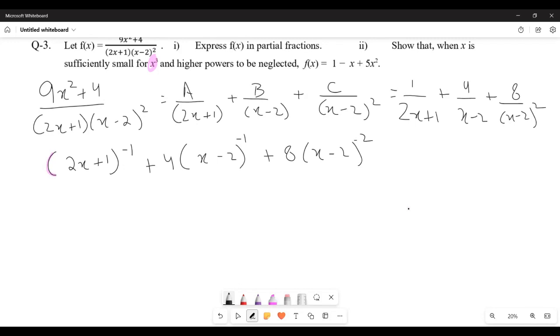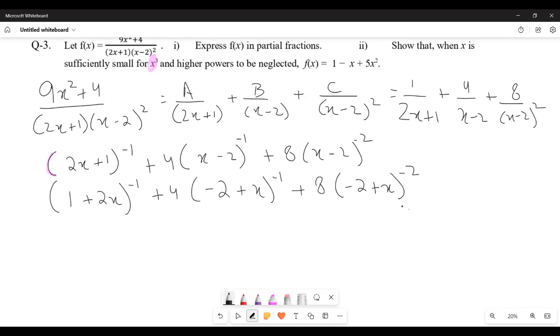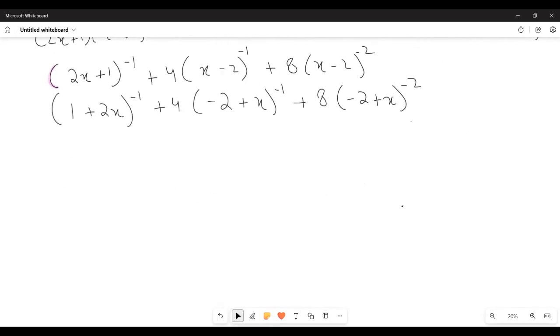Okay, so what I'll do is bring the constants forward first. 1 plus 2x power minus 1 plus 4 times minus 2 plus x power minus 1, plus 8 times minus 2 plus x power minus 2. Okay, so let's start with expanding 1 plus 2x power minus 1.